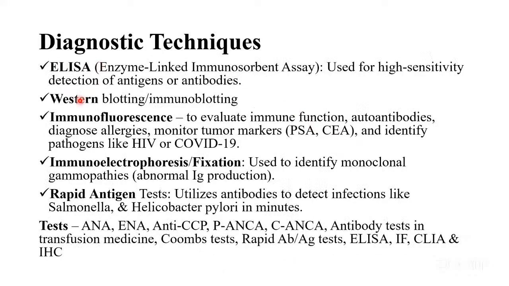Modalities include ELISA, Western blot, immunofluorescence, and immunoelectrophoresis or immunofixation electrophoresis for monoclonal gammopathies. Rapid antigen tests, which we've seen here, and tests such as ANA and anti-CCP, or P-ANCA, the perinuclear pattern, and C-ANCA, the cytoplasmic pattern.